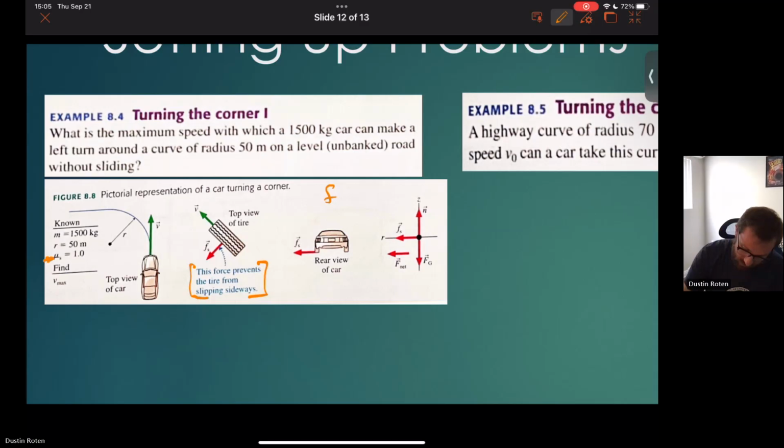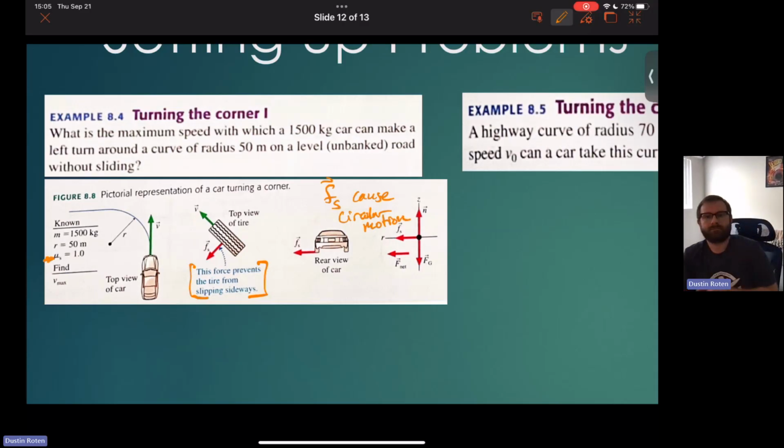So here, and this is important, the centripetal force isn't just some force out there like gravity or friction. The centripetal force has to be caused by something. So here, the centripetal force holding us in the circle is actually caused by friction. You can see it here on the free body diagram. It's actually pointing toward the circle, toward the center.